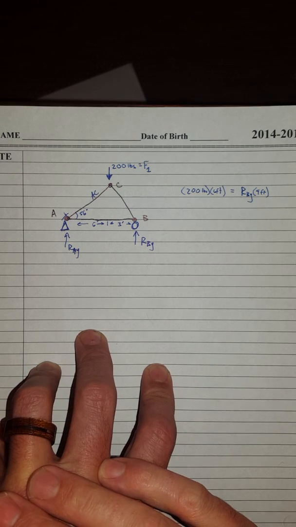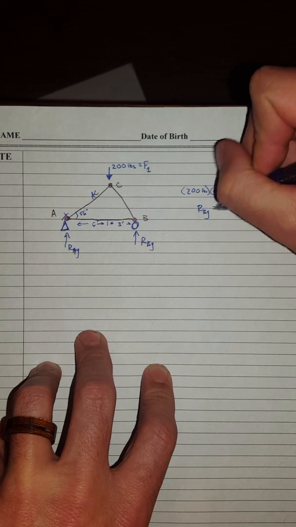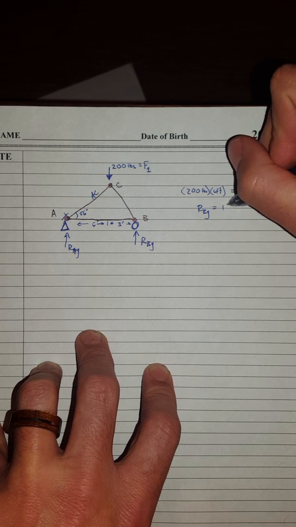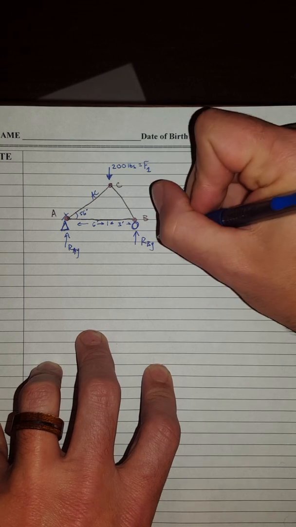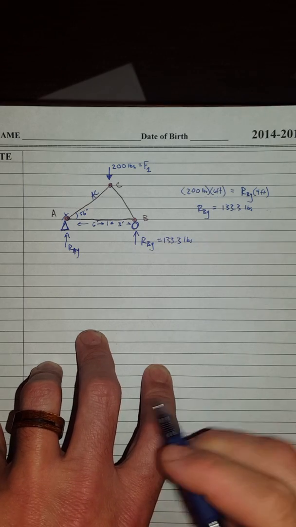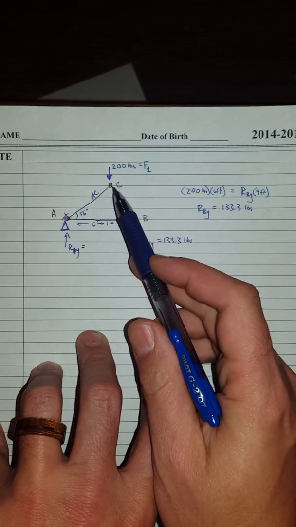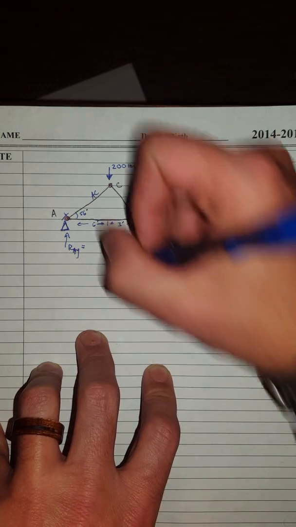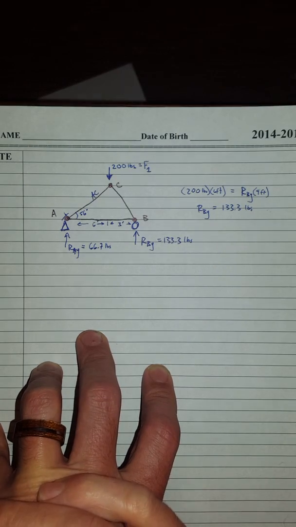When I calculate that, I will see that reaction force B in the Y dimension, R_B_Y, is 133.3 pounds, which means that our A_Y must be whatever is left over to make up the total of 200. Because if we have 200 pounds pointing down, we have to have 200 pounds pointing up. So this would be 66.7 pounds pushing up at A.